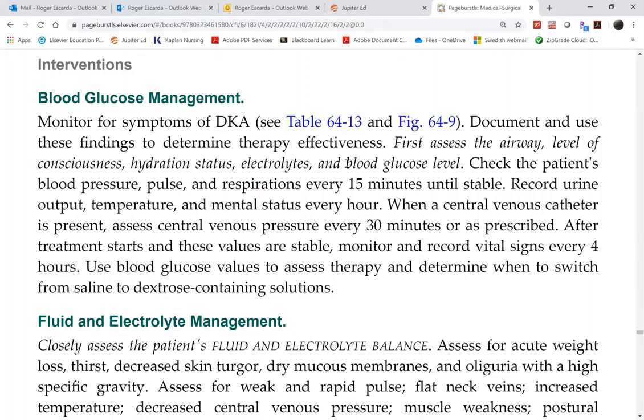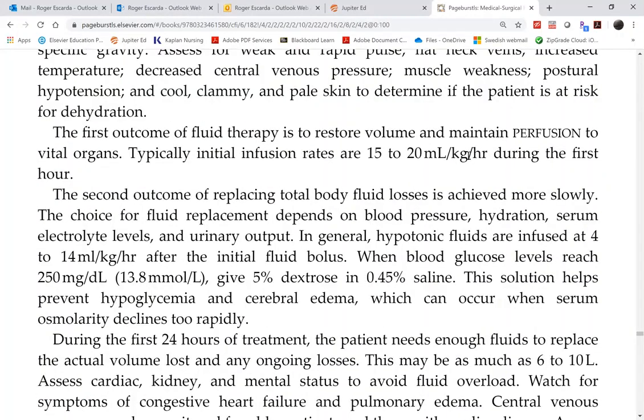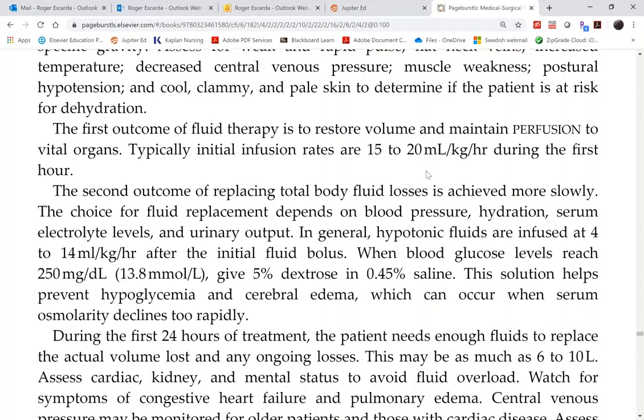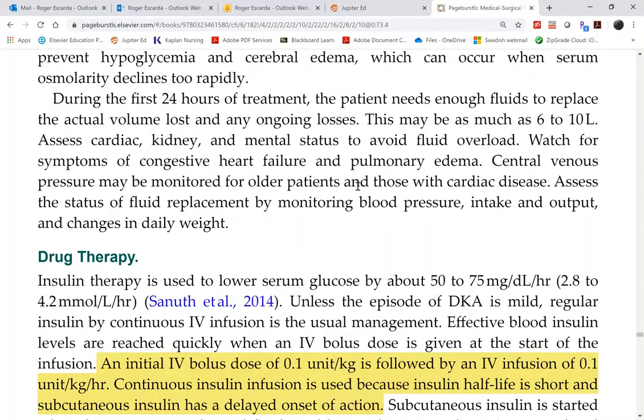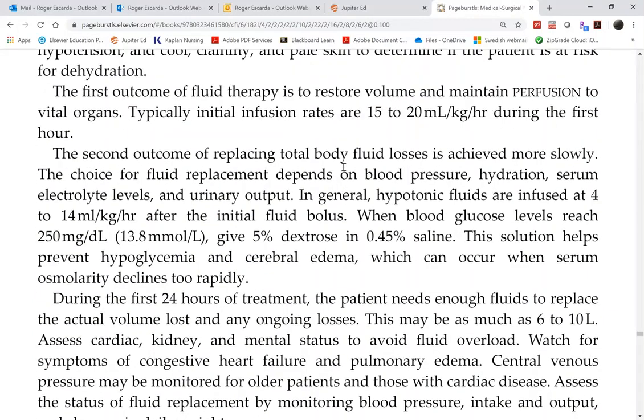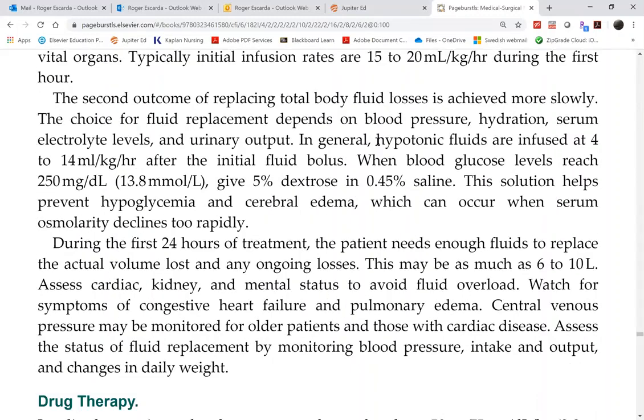So we need to start managing insulin right while the first bag is up. So while this first bag is up, now we continue with the insulin. Okay, insulin. Let's finish this part first. So after that first bag of normal saline is finished, now we switch it to hypotonic, which is half normal saline.